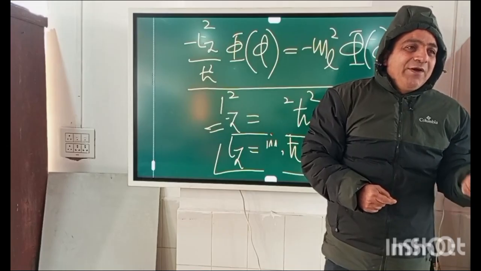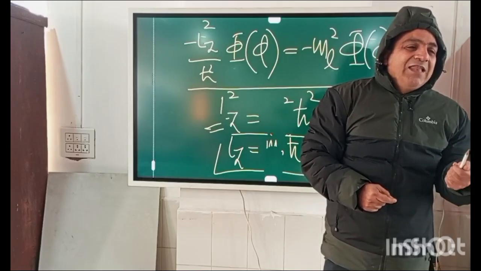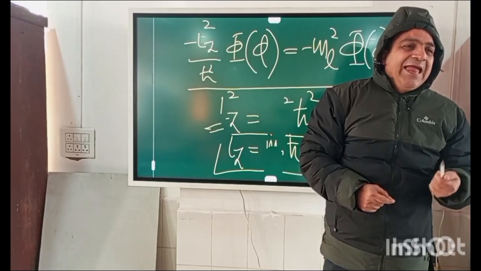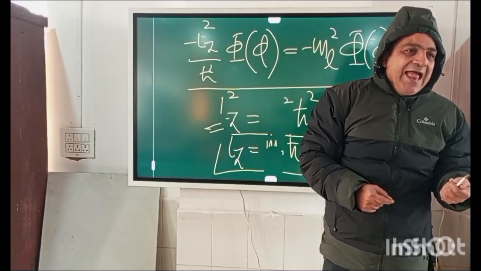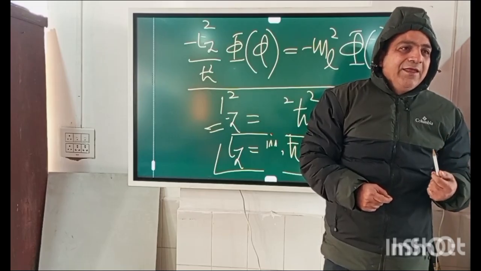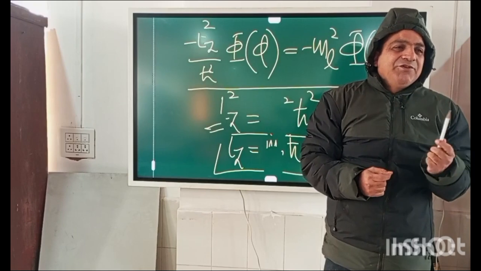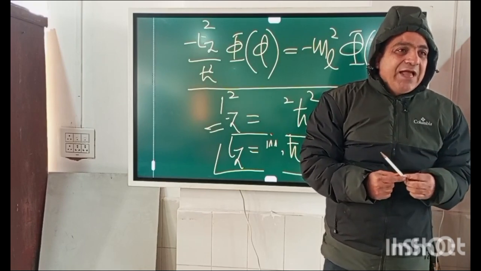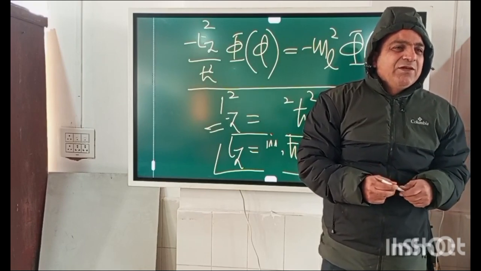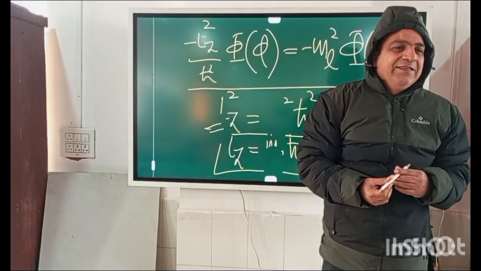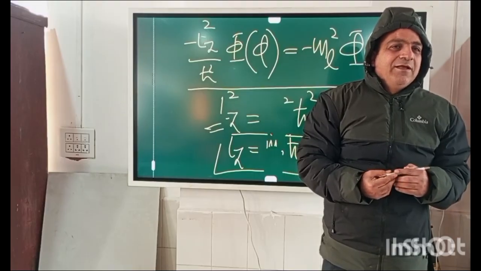This is why Schrodinger's equation does not allow us to calculate Lx and Ly. You can take a single direction, along z, that gives us what? Space quantization. I think with this I will stop. Okay?